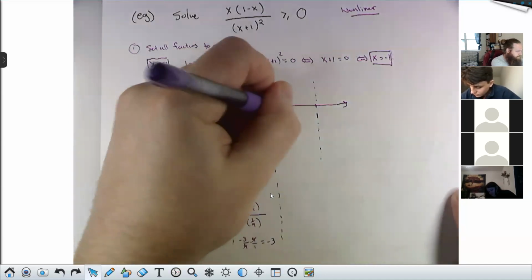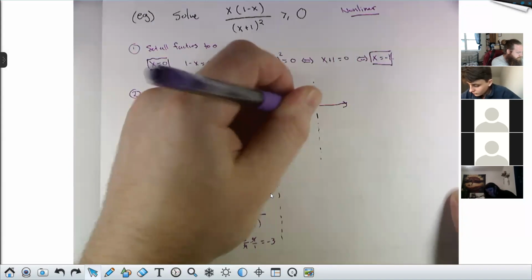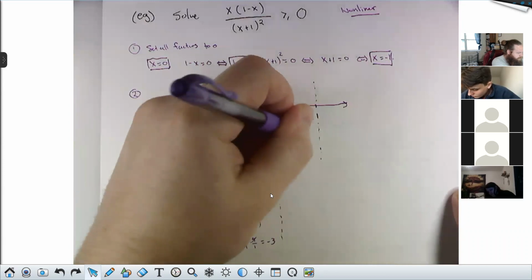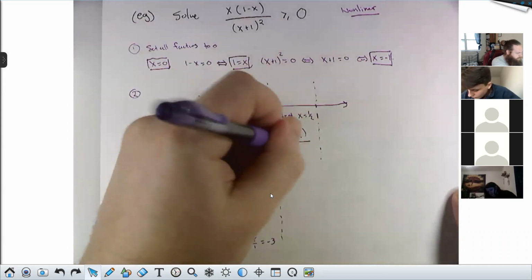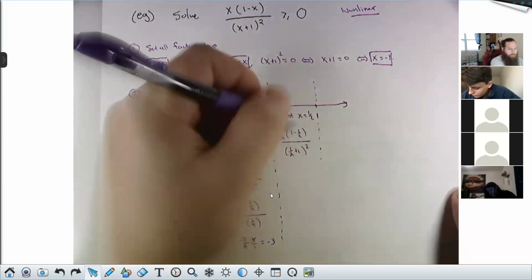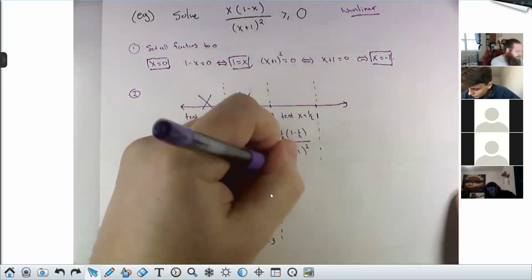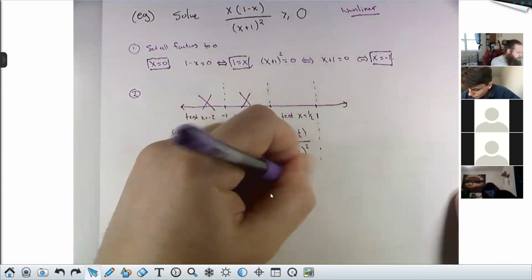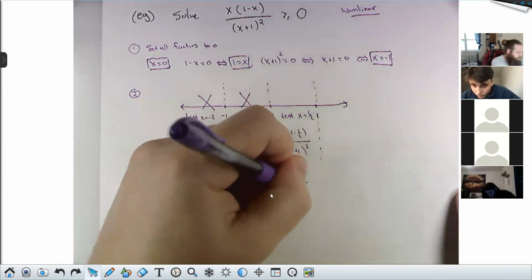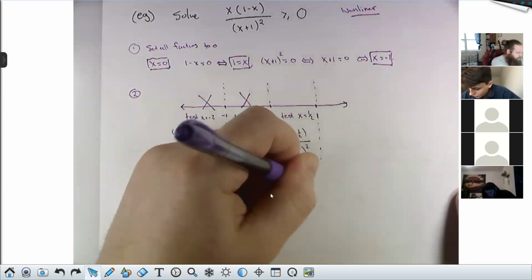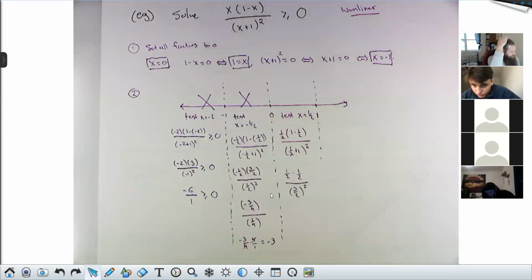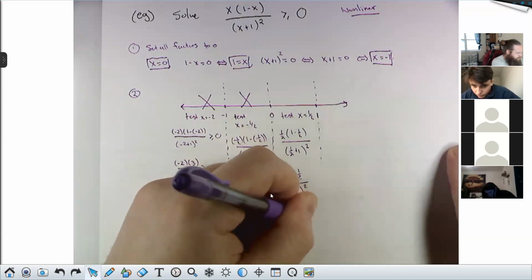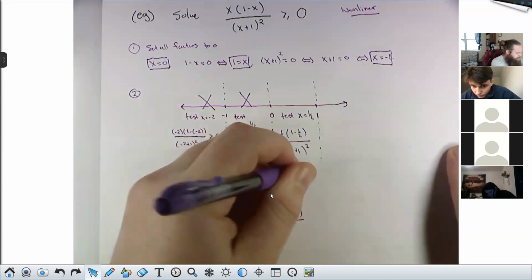Between 0 and 1, we could test positive 1/2. So you have 1/2 times 1 minus 1/2 divided by 1/2 plus 1 all squared, which is positive 1/2 times 1 minus 1/2 is also positive 1/2, divided by 1/2 plus 1 is 3/2 squared. Upstairs, that's 1/4. I should put the top and bottom in parentheses.